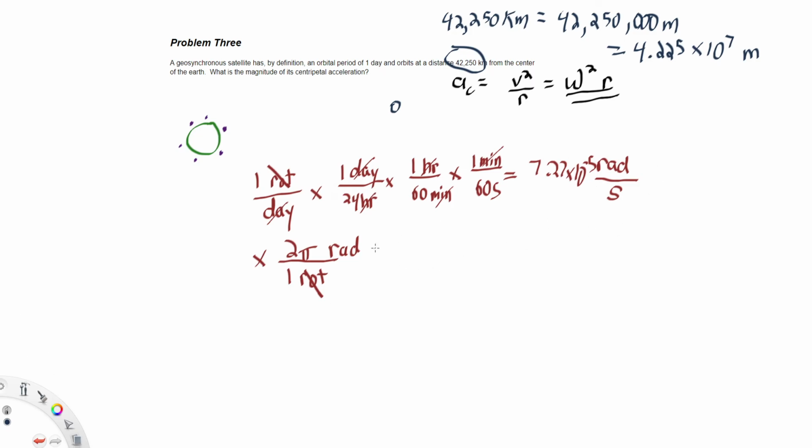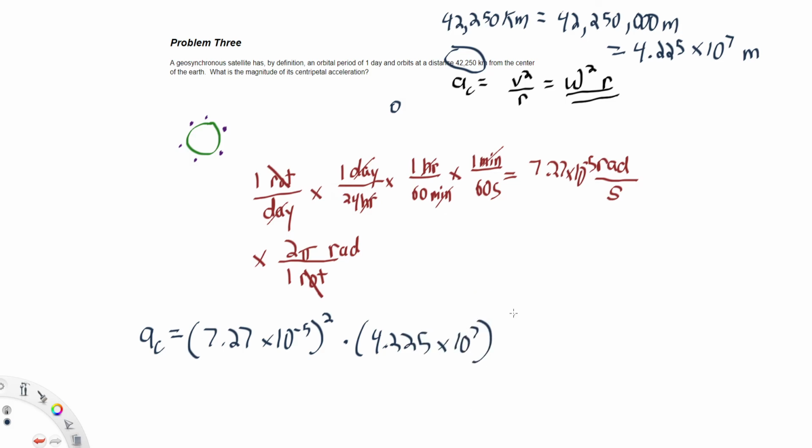Now that we have both of the pieces of what we need, we can apply our centripetal acceleration formula. And the centripetal acceleration that the satellite experiences is equal to 7.27 times 10 to the minus 5 squared times 4.225 times 10 to the 7.